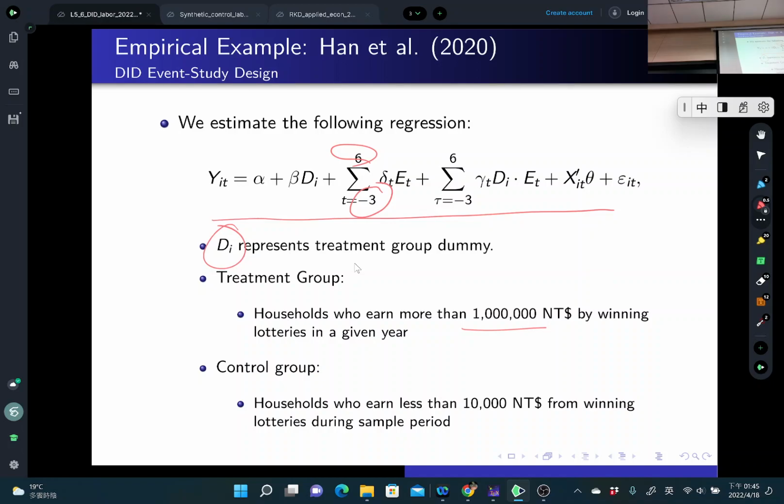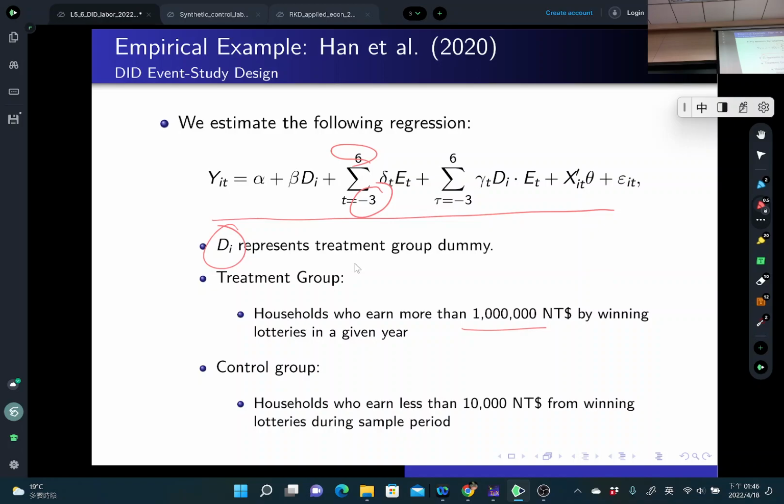And actually, not a lot of people are so lucky to win more than $1 million over time. On average, this household wins more than 17 million NT dollars, 1,700万. So they actually receive a very, very large income flow.